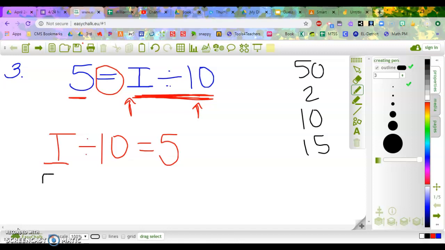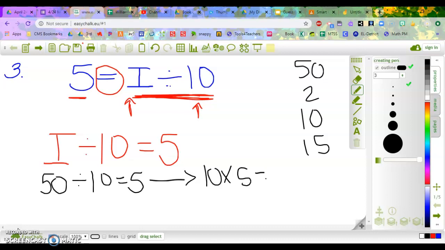So I would be 50 divided by 10 equals 5. So one thing that could help me to figure out if this statement is true is by turning that into a multiplication equation. 10 times 5 equals 50.